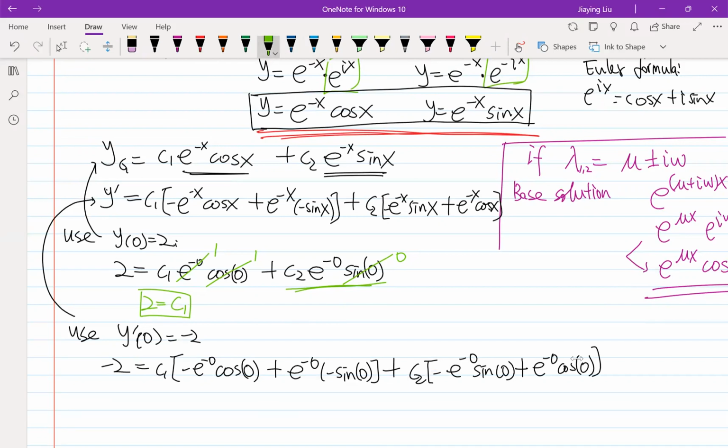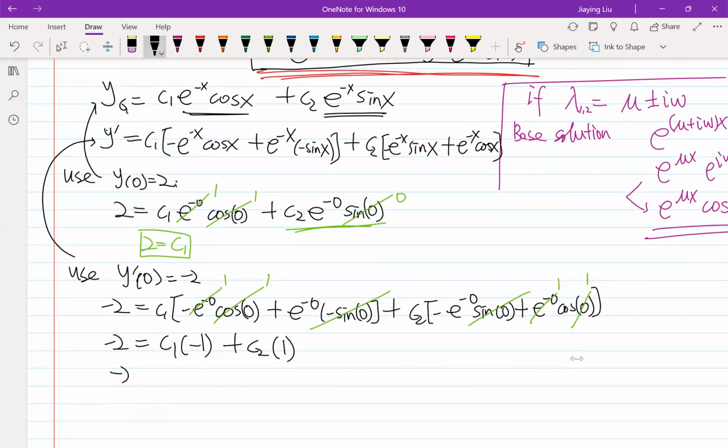And we simplify again, sine 0 is 0, so this term goes away. That goes away because of sine 0. Cosine 0 is 1. E to the negative 0 is 1. This is a 1. This is also 1, but we have a negative in front of it. So we have negative 2 equals C1 times negative 1 from the first bracket plus C2 times 1.